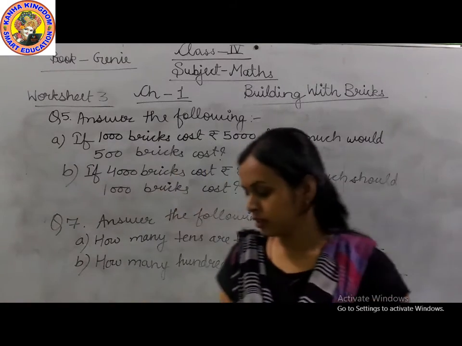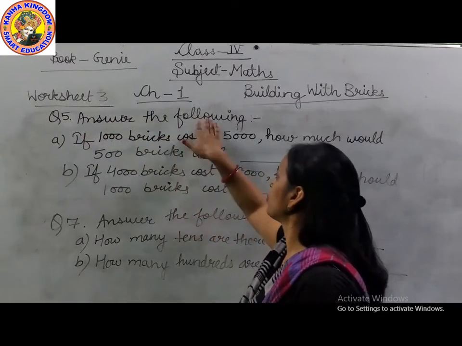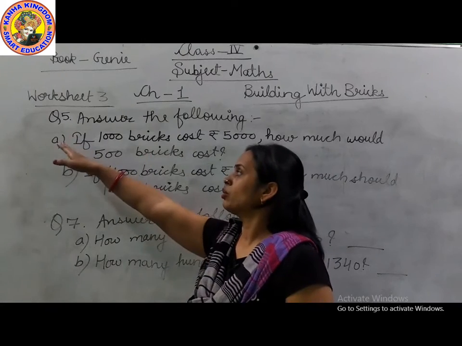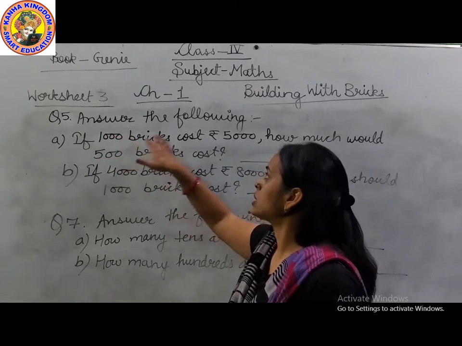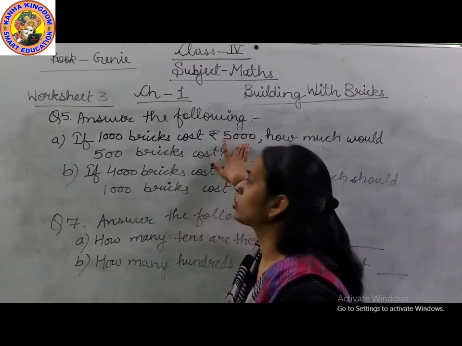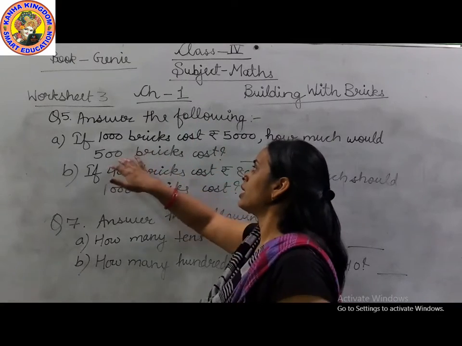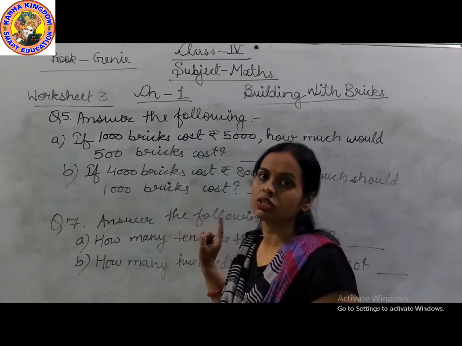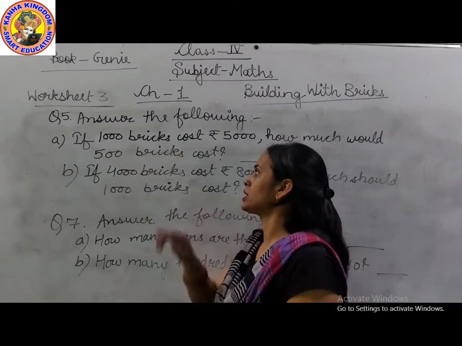Now next, question number 5, answer the following. Question A is, if 1000 bricks cost rupees 5000, how much would 500 bricks cost?